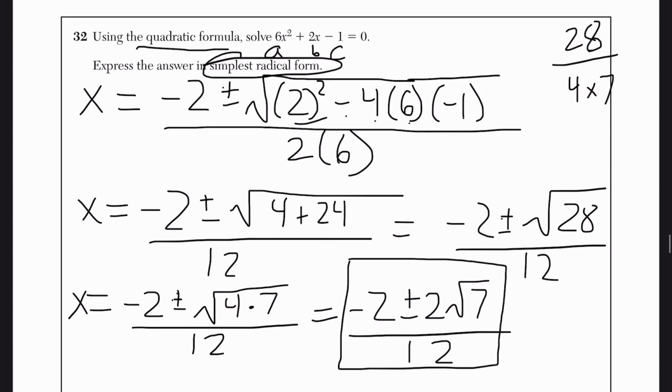And you can stop there. You actually would get full credit for that. Another cool thing you could do is simplify all these by 2, divide all of them by 2. So you could do -1 plus or minus radical 7 over 6. That would also be an acceptable answer, but you don't need to do that. You just need to make sure that 28 is broken down into 2 radical 7.